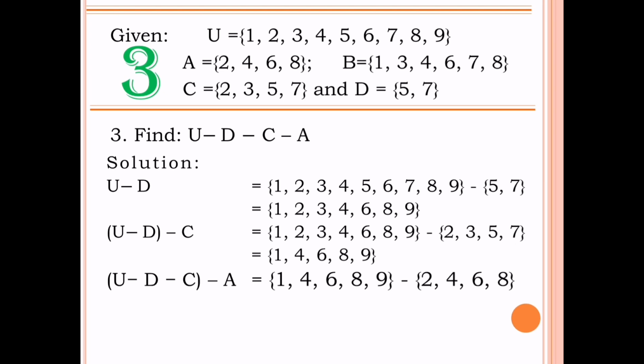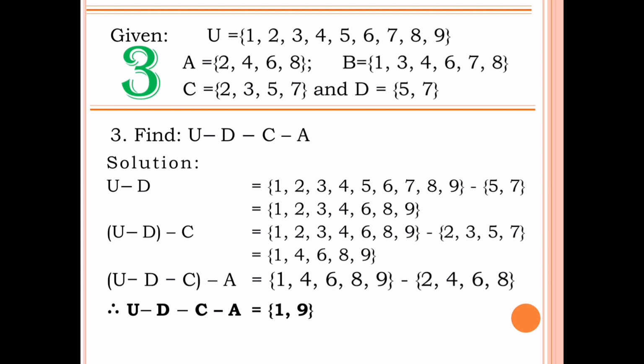Since 4, 6, and 8 are present in both sets, our answer must be 1, 9. So the final answer is 1, 9. That is how we get the set difference of more than 2 sets problem. Okay, I hope you managed to follow all the steps.